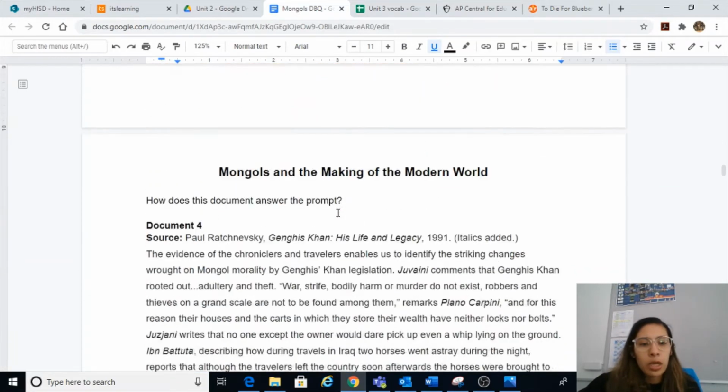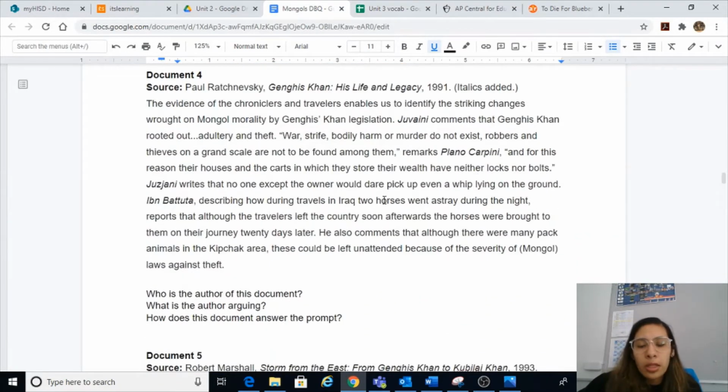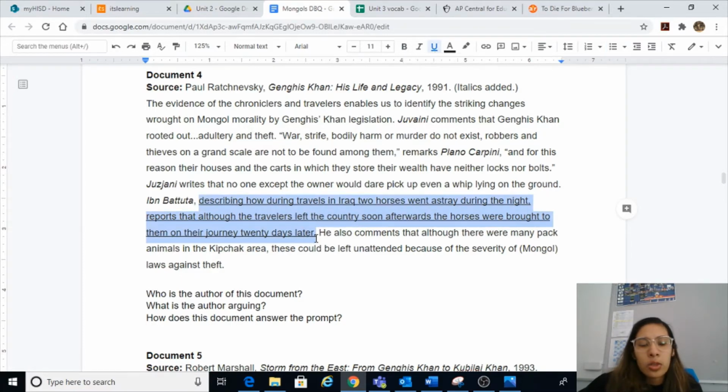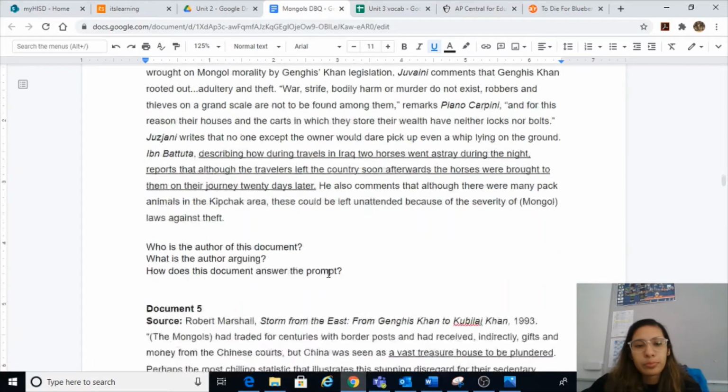We can also use document 4 to say that they increased security. Ibn Battuta describes how 2 horses left during the night, but then they were returned to them 20 days later.